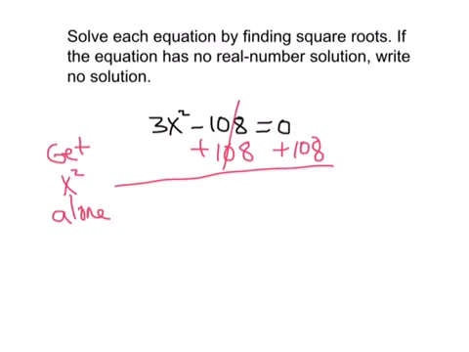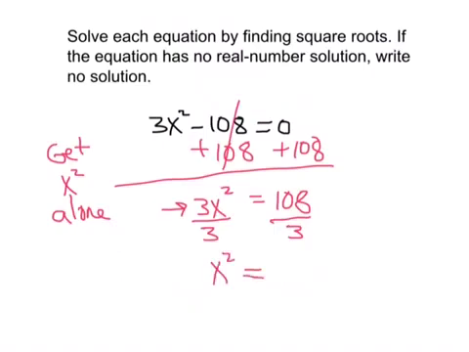When we do that, that cancels, so we'll get 3x squared equals 108. The x squared is still not alone because it has this 3 right here. So to undo the 3, we're going to divide by 3, divide by 3. Now we'll get x squared equals 108 divided by 3 equals 36.